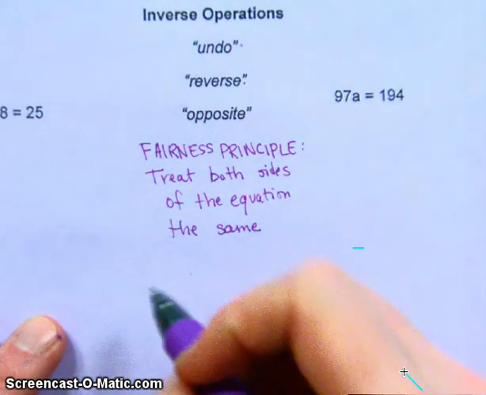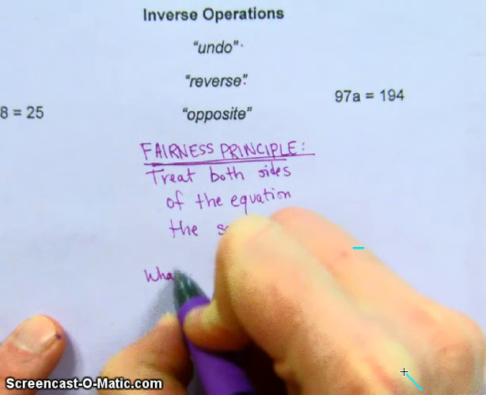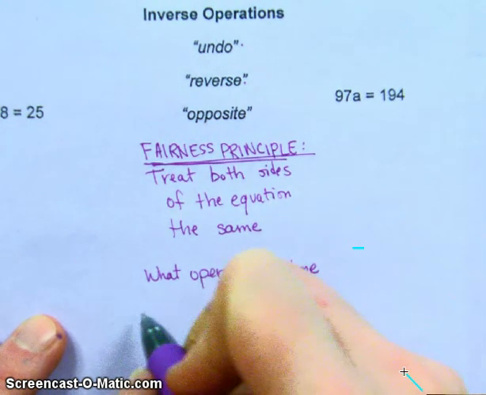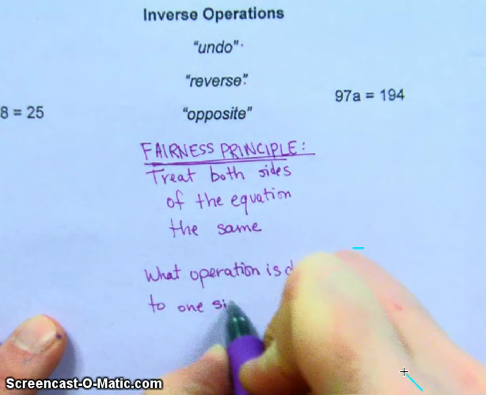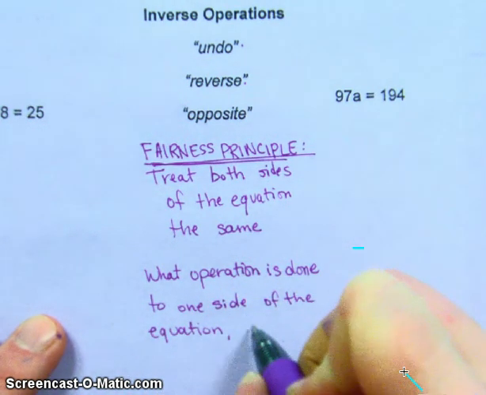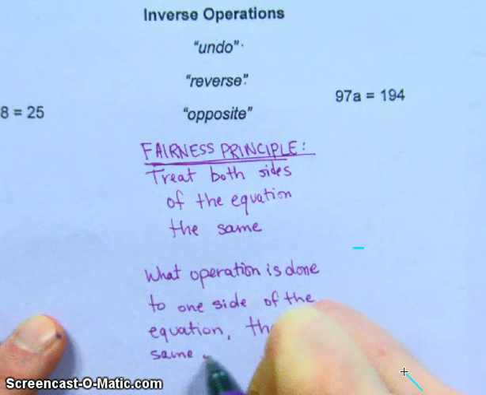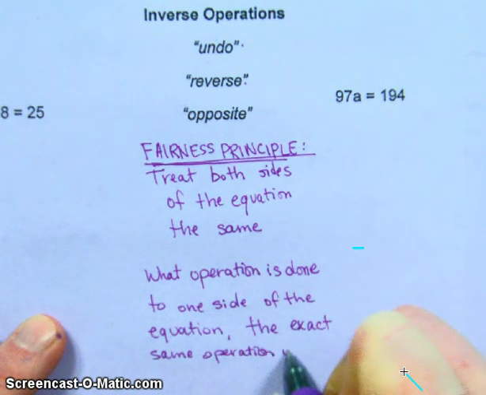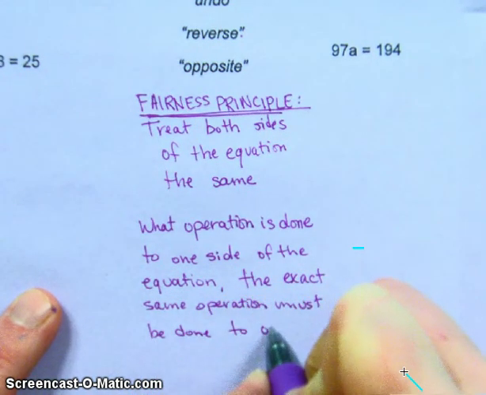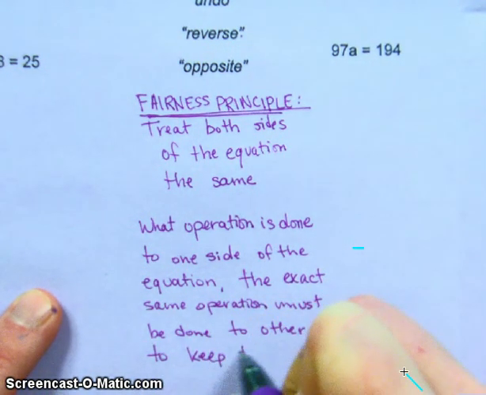And what that means is whatever operation is done to one side of the equation, the exact same operation must be done to the other side. And that is to keep it balanced.